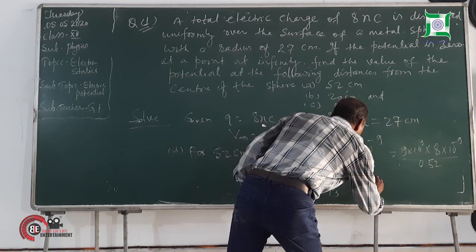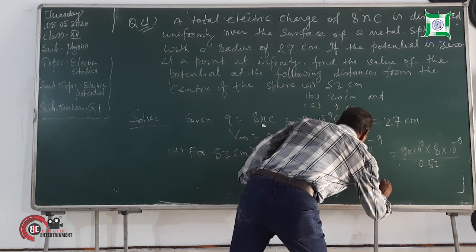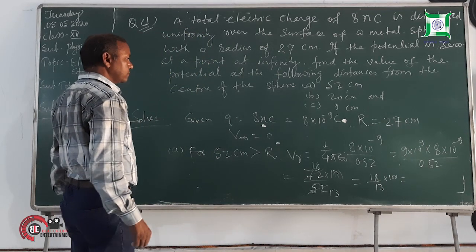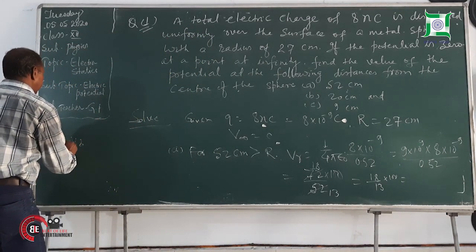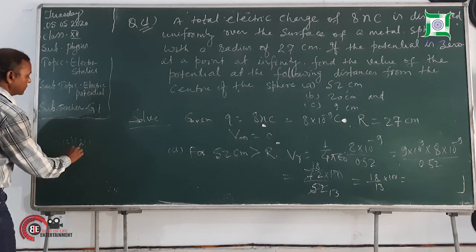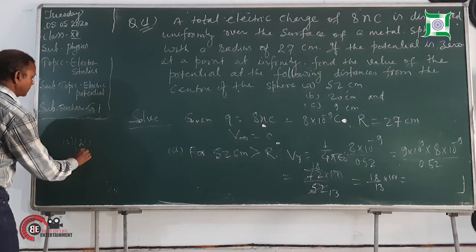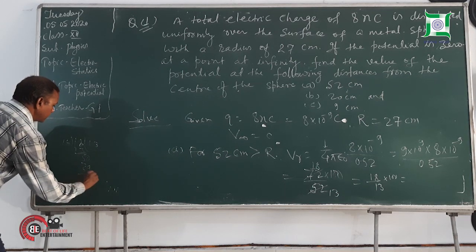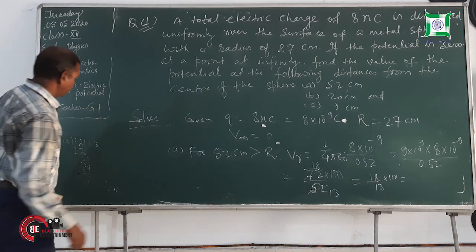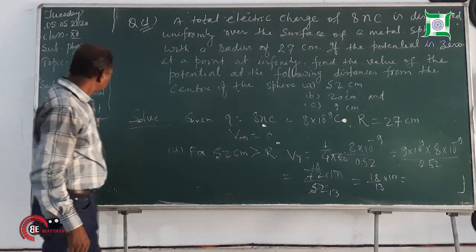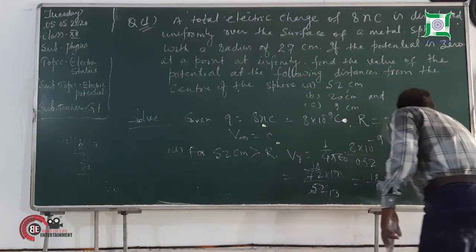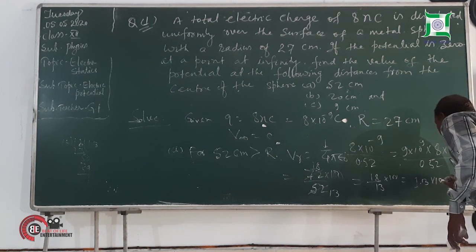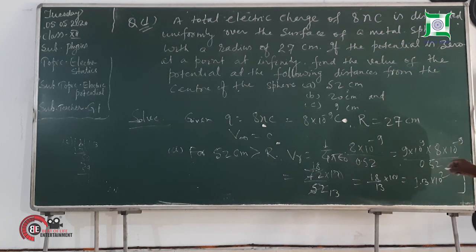It will become 18 by 13 into 100, and it will be equal to 1.3 into 10 square volt.